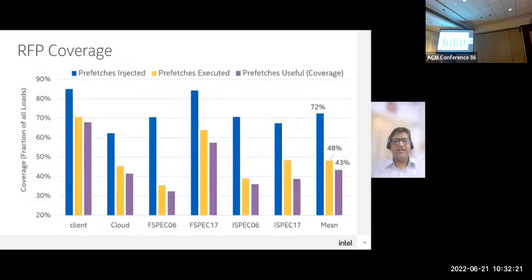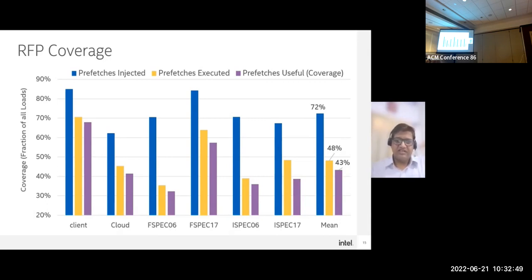This chart shows that prefetch packets were generated for 72% of all loads, but prefetches for only 48% of all loads were executed and completed. Prefetches get cancelled when they are not able to launch before the demand load's execution. This is because L1 bandwidth is constrained and prefetches opportunistically use the available L1 bandwidth.